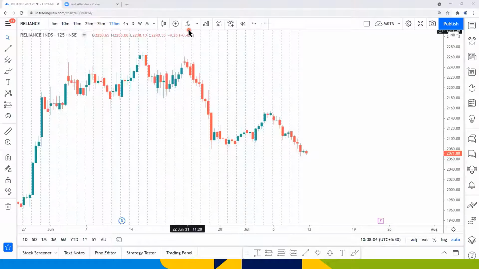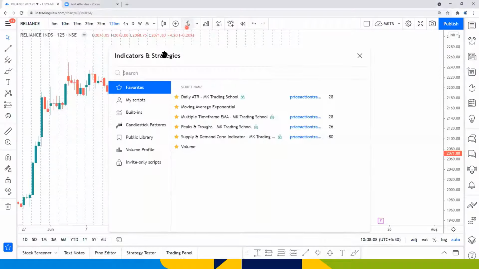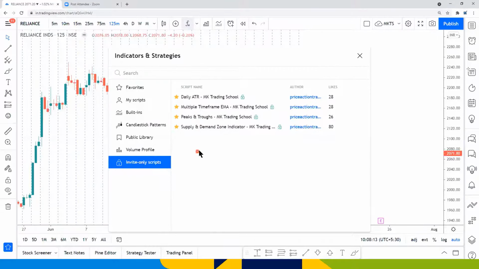FX, indicators and strategies. Just click on that. Under invite only scripts, you will find this indicator, Supply Demand Zone Indicator, MK Trading School. Author is Price Action Trader India.